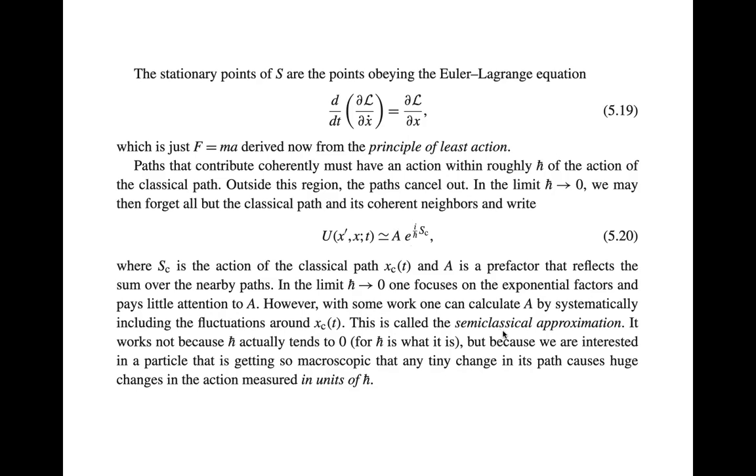It works not because h bar actually tends to 0, but because we are interested in a particle that is so macroscopic that any tiny change in its path causes a huge change in the action measured by h bar. Right.